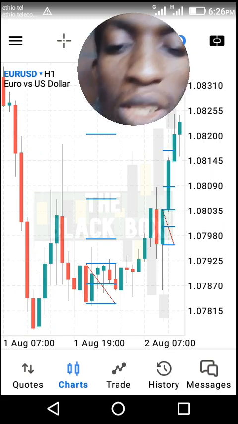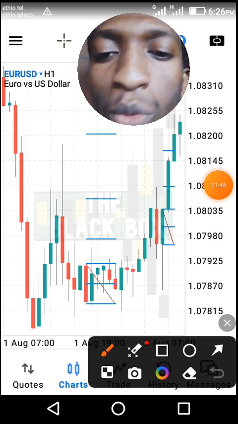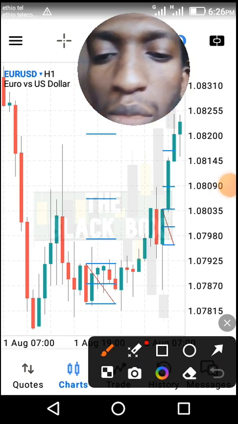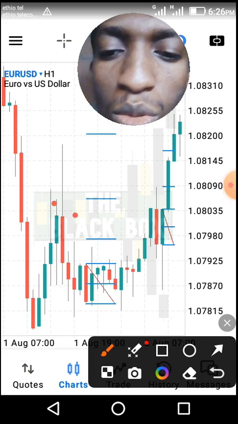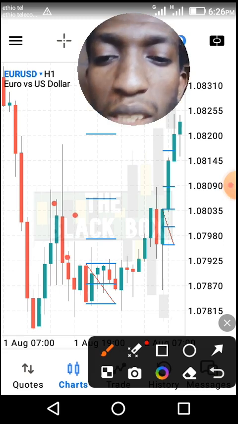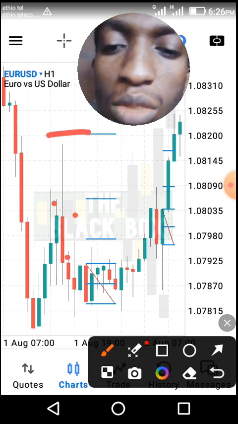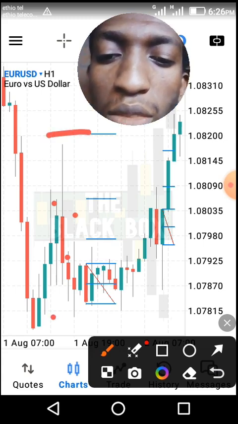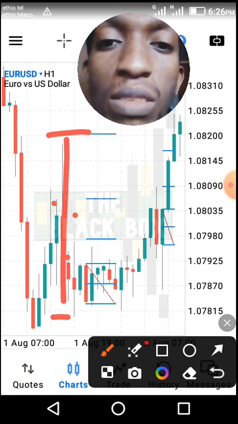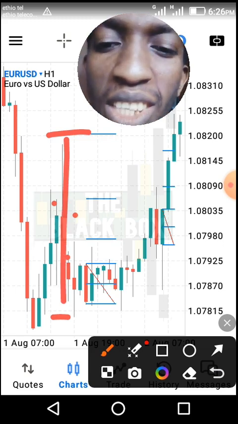What happened next? We made another black box, which is this 1, 2, and 3. But we're never trading this one. Why? Look, stop loss and entry down there. Look at the risk. Not gonna happen.